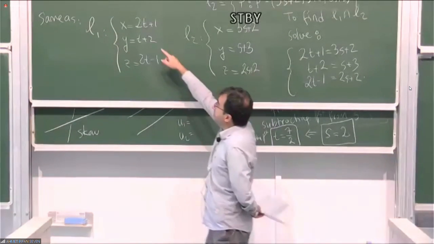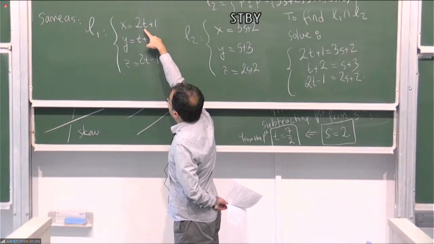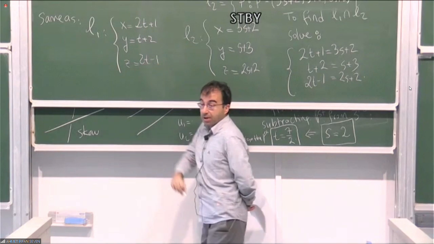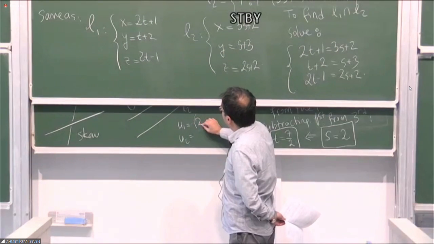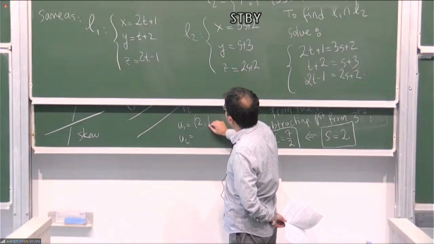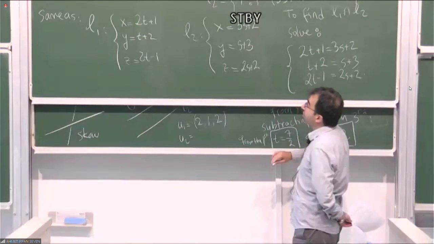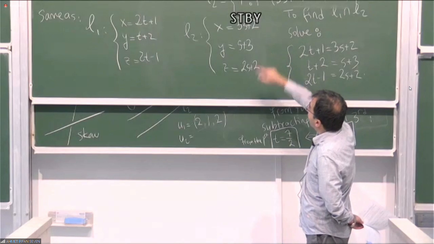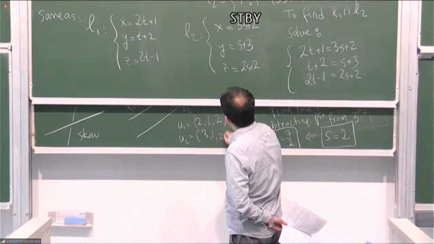Remember, we write the direction vector looking at the numbers in front of the parameter. A direction vector for the first one will be 2, 1, 2. The direction vector for L2 will be 3, 1, 2.